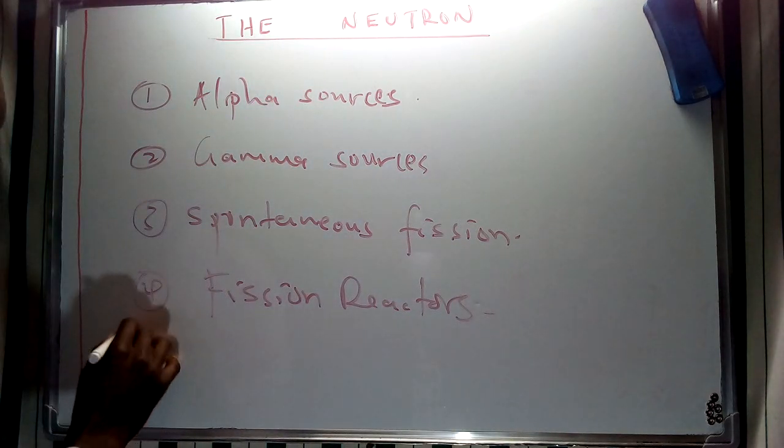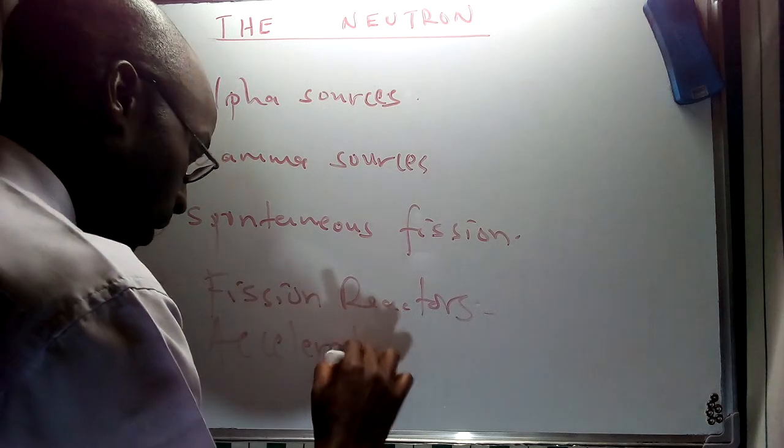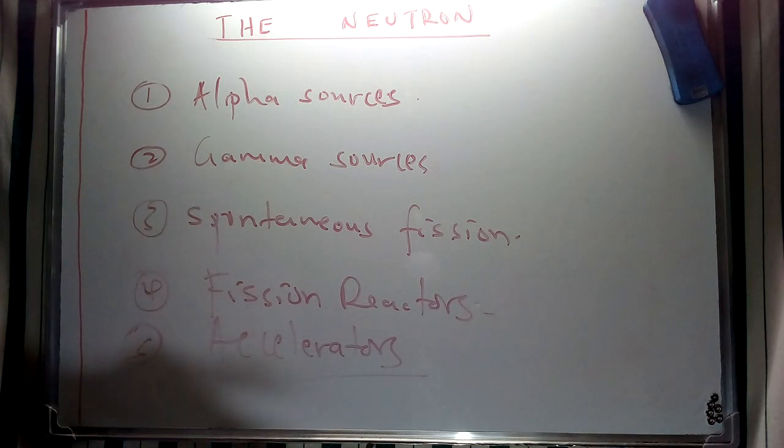And lastly, we're going to achieve this one from what we call accelerators, particle accelerators, which we're going to look at later. So in this specific case, these are different sources whereby we can attain this neutron from.